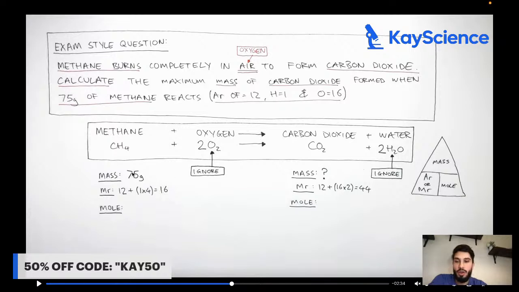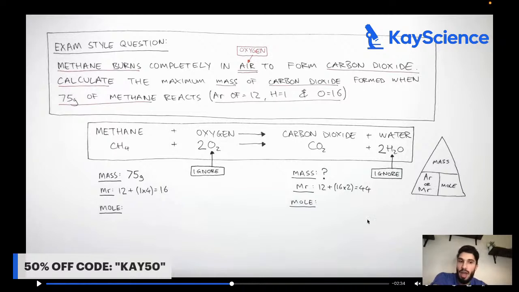Now that we have the mass of methane and the MR of methane, we can now calculate the moles, okay? We're going to do this using this equation here. To calculate the moles, we cover the moles with our finger, and it's going to be mass divided by MR. Now, it's really important you learn the equation and remember the equations.